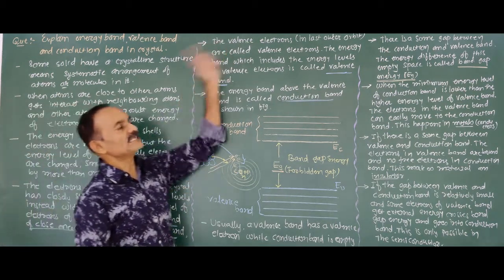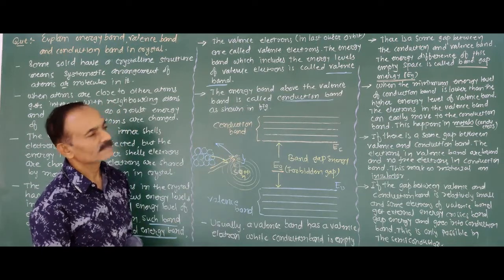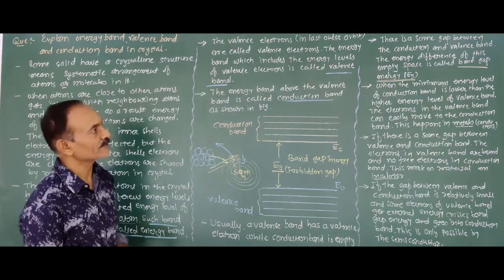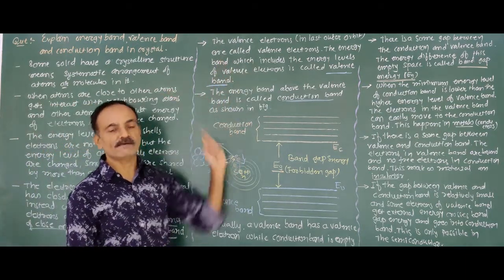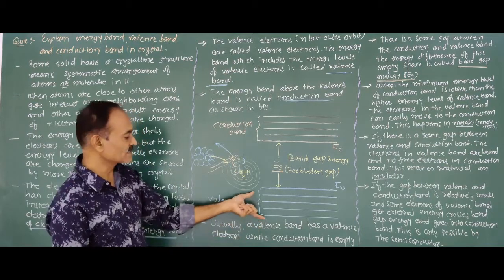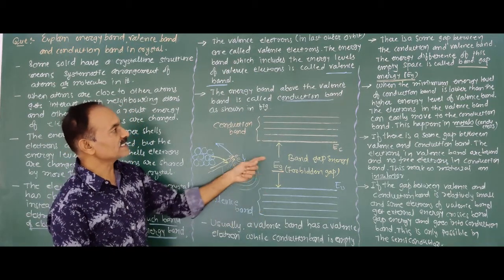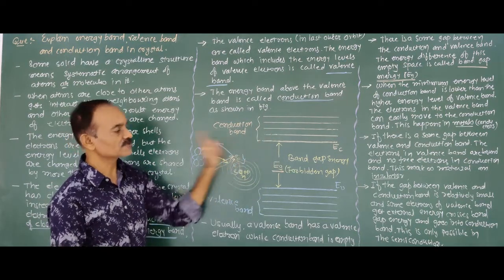Now, the electrons in the last, outer orbit are known as the valence electrons. The energy band which contains the energy levels of valence electrons is known as the valence band. The energy band above the valence band is known as the conduction band, as shown in the figure.